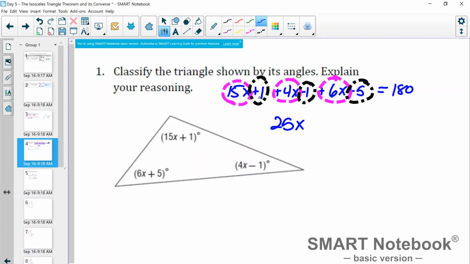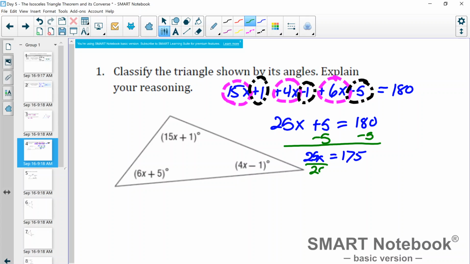So when I add 1, minus 1, plus 5, I get plus 5, and that's still equal to 180. So what I'll do now is solve for x first and foremost. So I'm going to subtract 5. So 25x gives me 175. If we divide by 25, I'm going to get x equals 7.